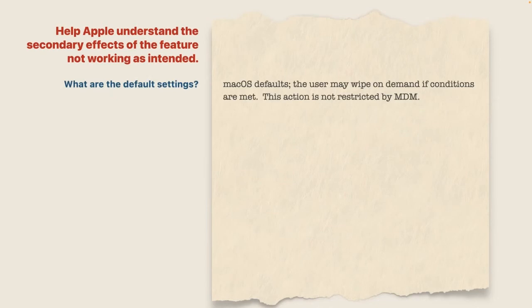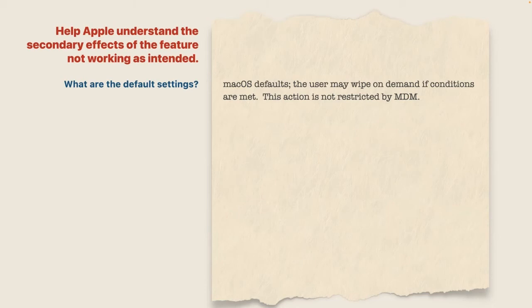Help Apple understand the secondary effects of the feature that is not working as intended. What are the default settings? So if the default settings are something that has been set by Apple that isn't being restricted by MDM, call that out in the feedback.